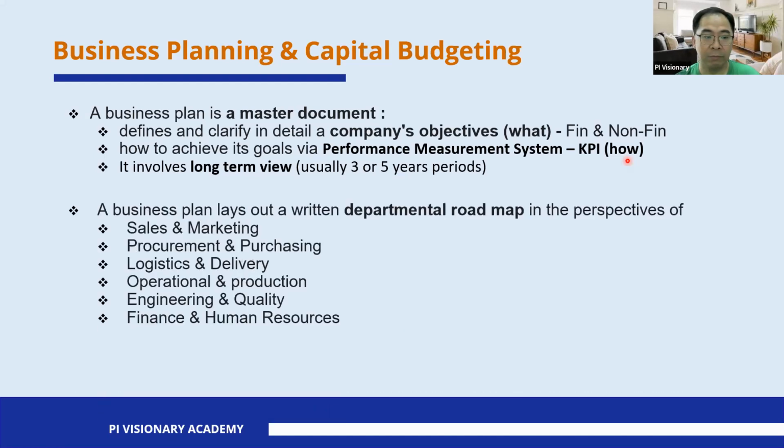So okay, see here. Every department has a road map. A road map is a direction. When I say every department, you see the departments here: sales, marketing, purchasing. Kuan Yin, you are sales and marketing. Vivian, you are purchasing and delivery.